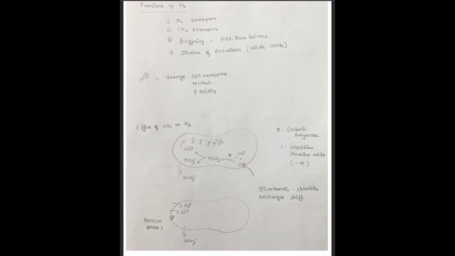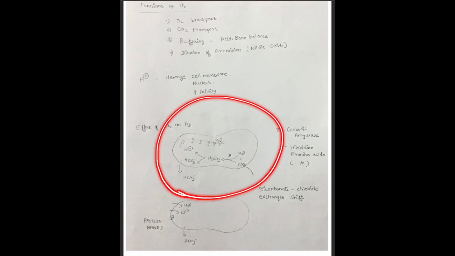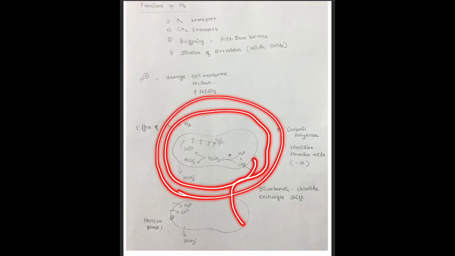And also when carbon dioxide is transported from the interstitial fluid into the blood, first the carbon dioxide will go into the blood plasma, then from the blood plasma into the RBC. So in the blood plasma, the carbon dioxide combines with the plasma proteins such as albumin, globulin and fibrinogen, etc. In this form, carbon dioxide is transported 5%.